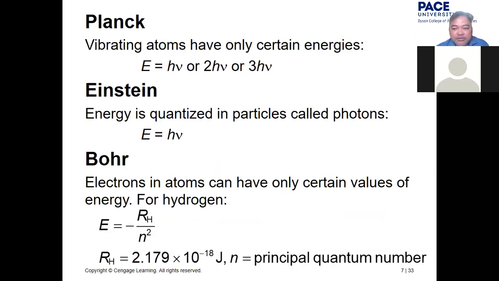But if you look at what we have done so far, which started with Max Planck with the black body radiation, wherein vibrating atoms only have certain energies, and then Einstein, where energy is quantized in particles called photons to explain the photoelectric effect, and then now by Niels Bohr, all of them we could say is a derivative of the idea brought forth by Planck.